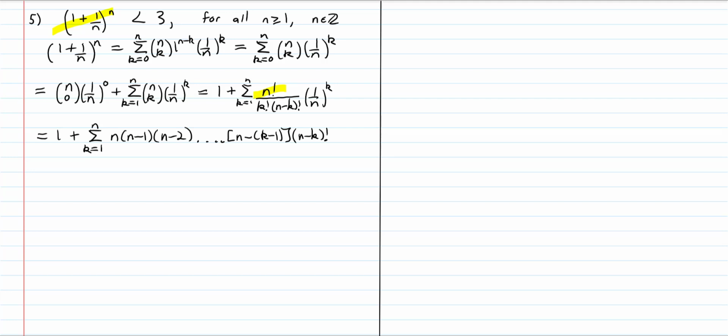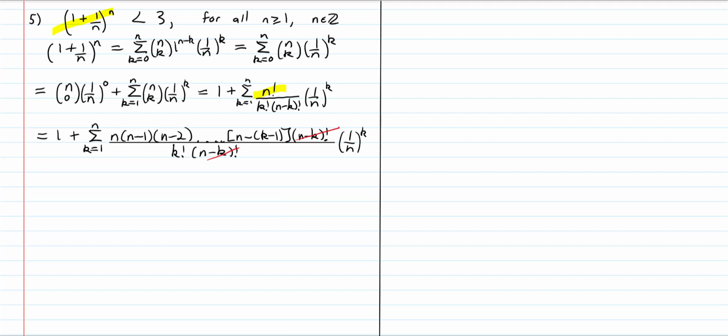So this part that I've just written out is exactly the same as n factorial, and that is going to be all over k factorial times n minus k factorial, and we multiply this whole term by our 1 over n all to the power of k. So these n minus k factorial terms are going to cancel out, and then we're going to be left with just k factorial in the denominator.